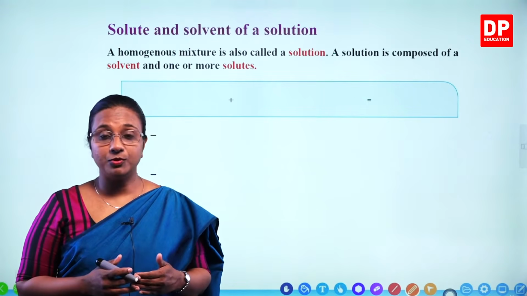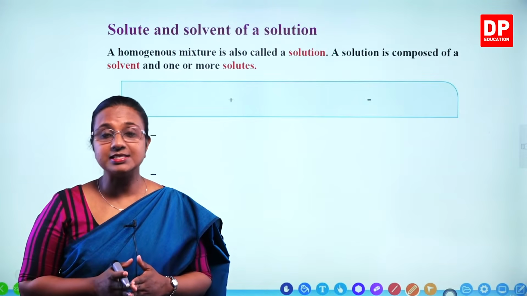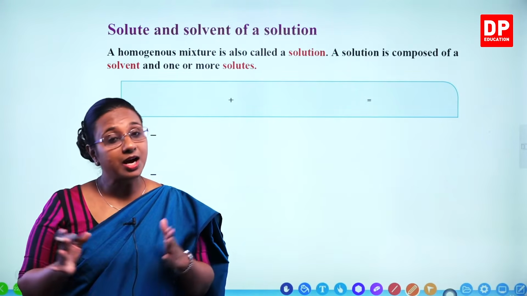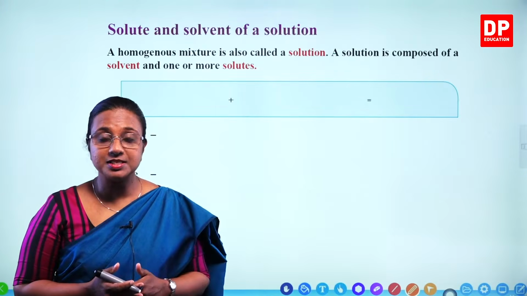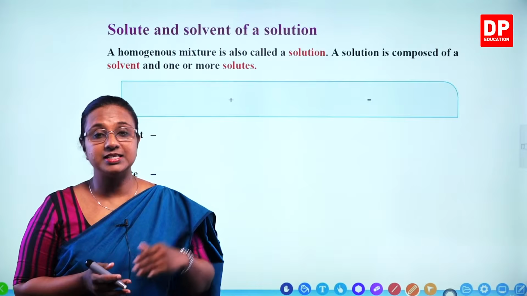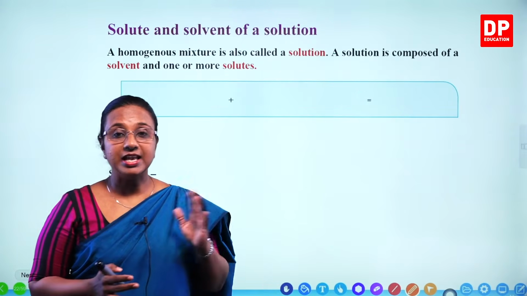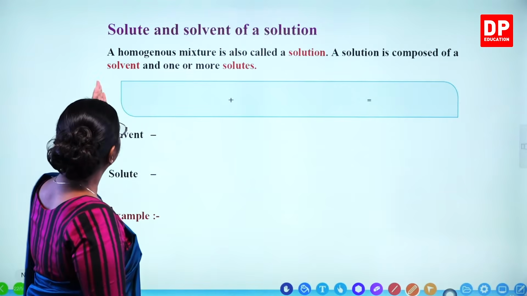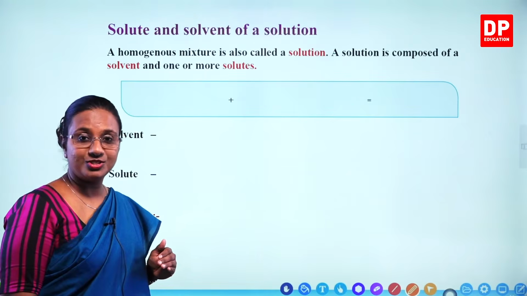We discussed before that homogeneous mixtures are also known as solutions. What are homogeneous mixtures? A mixture where the composition and the physical properties are uniform throughout. So, then that is a solution. A homogeneous mixture is also called a solution.